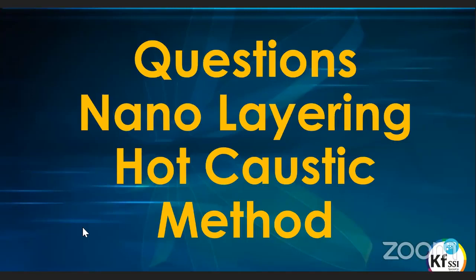There is another process which is nano coating by steam, which we use when we want to add an extra nano coating on something which already has nano layers on it. So don't confuse the steam method with the hot caustic immersion method. Okay, thank you. That answers another question I had.